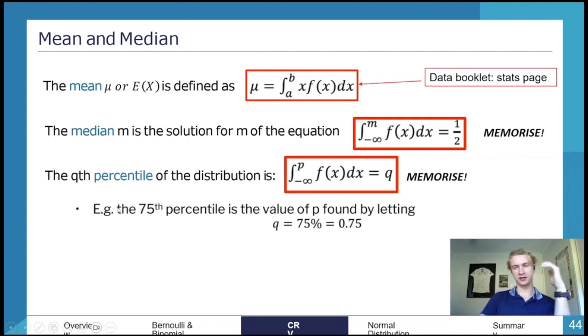The best way to learn this one would probably be an example. Example: the 75th percentile is the value of P found by letting Q, 75%, equal 0.75. So if we sub in Q equals 0.75 here, we can solve for P, which tells us the percentile. It's not asked a lot. We'll see the IQR in a moment, which is high yield, but you definitely need to know the median, so do practice questions for that as well.